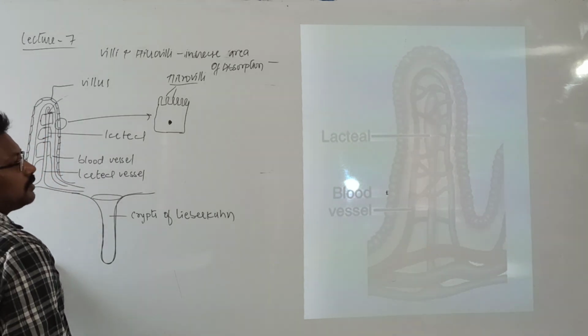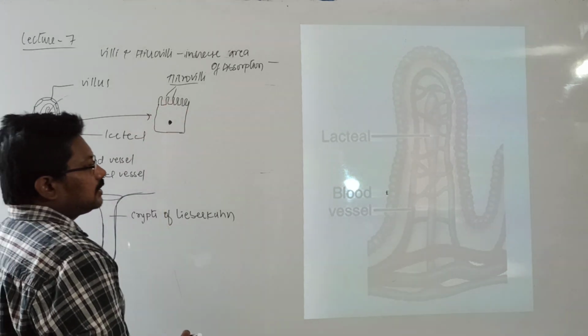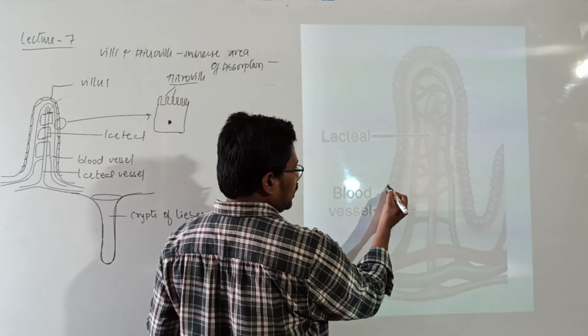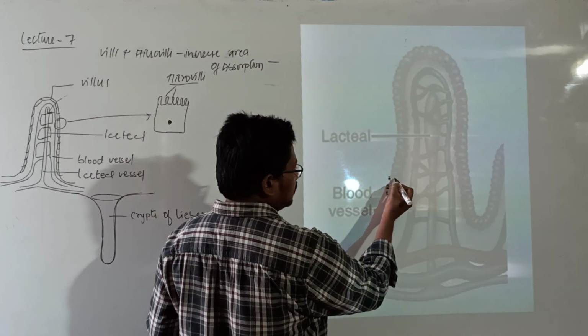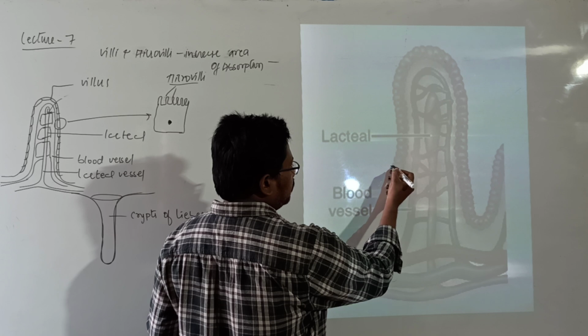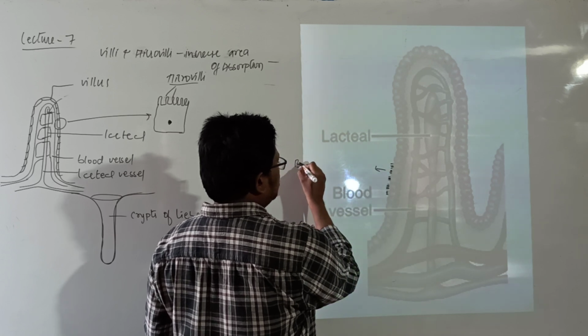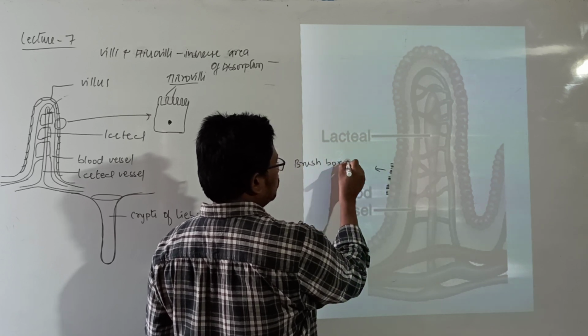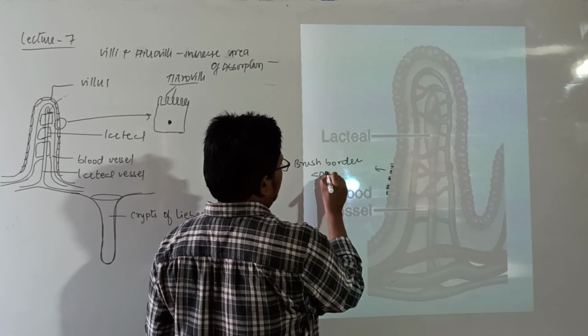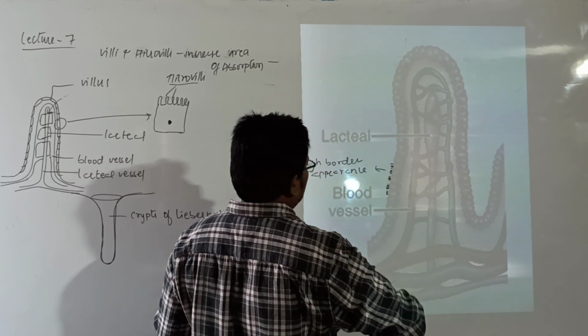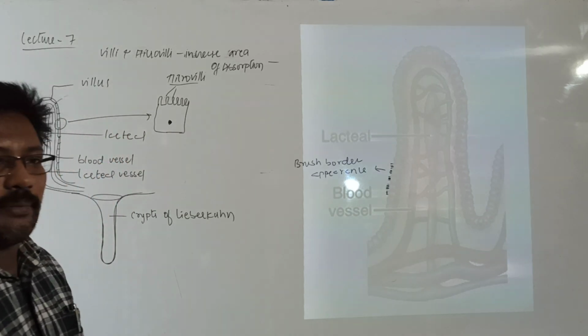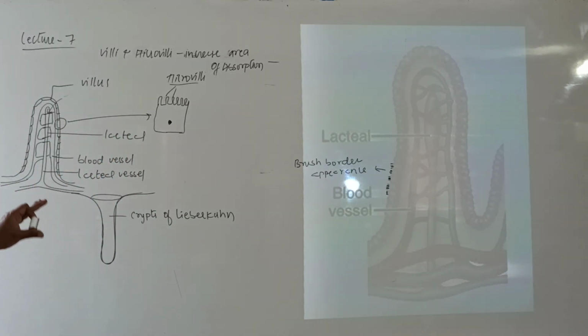Now all these villi together give a brush border appearance. Already I told you that villus and microvilli both help in increasing the surface area of absorption.